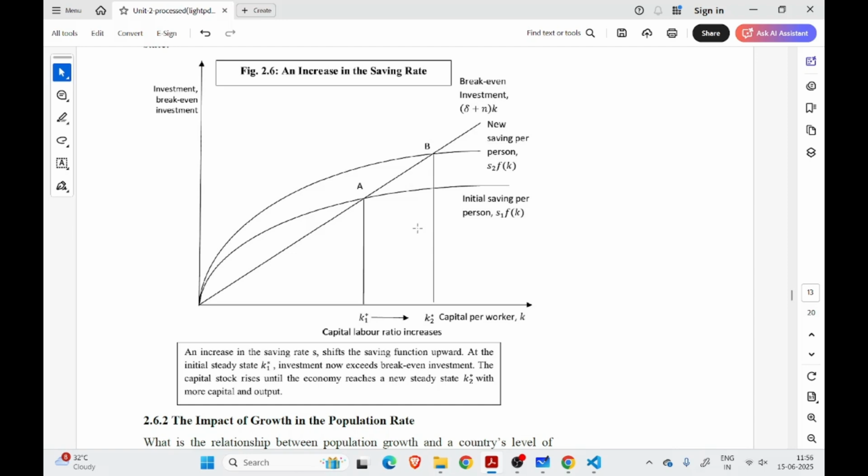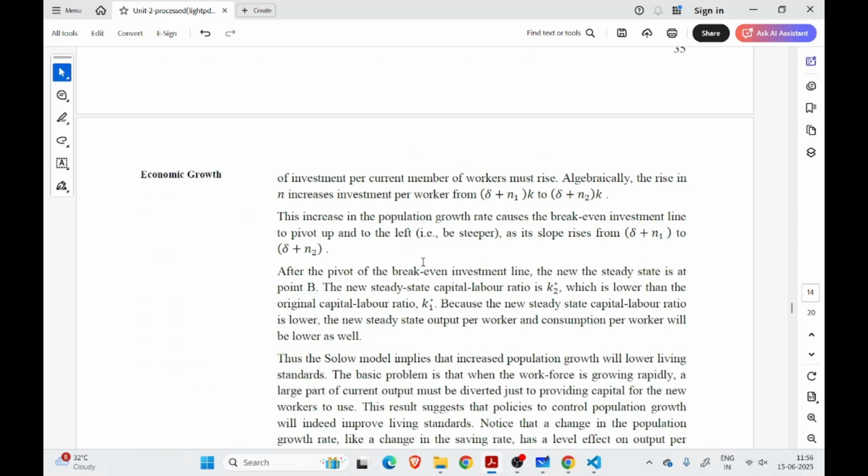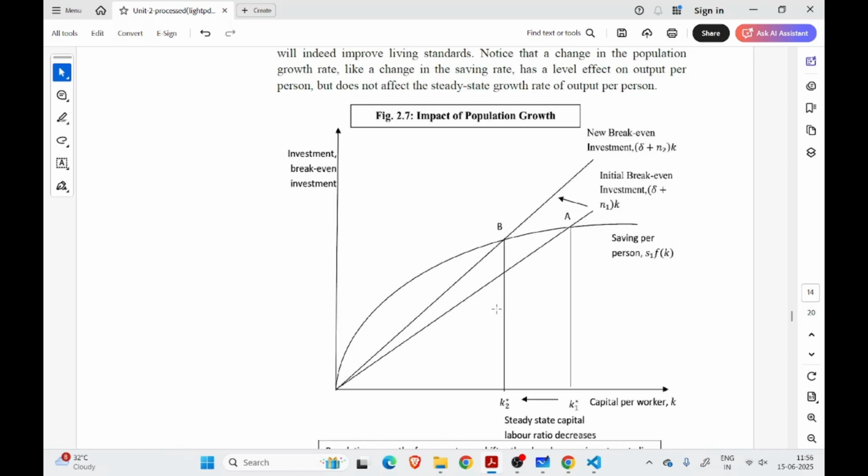What happens if we increase the population growth rate? If we increase the population growth rate, then the break-even investment line, which is given by n plus delta, will shift outwards, because now n has increased to n2. n1 is the initial growth rate of population, n2 is the increased growth rate of population.